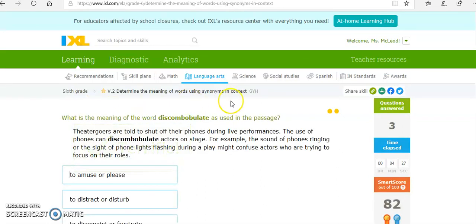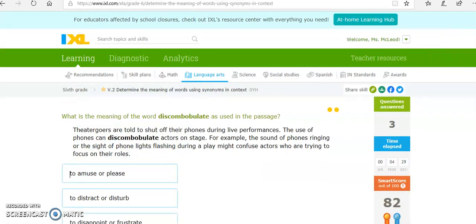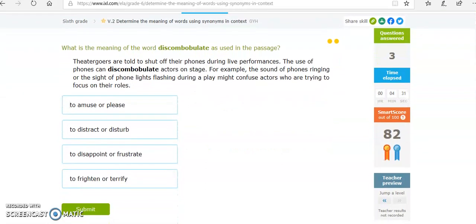Let's try another one. So this one says, what is the meaning of the word discombobulate as it is used in the passage? It says the use of phones can discombobulate actors on stage. And it gave us an example to help us with context clues to determine what discombobulate means.